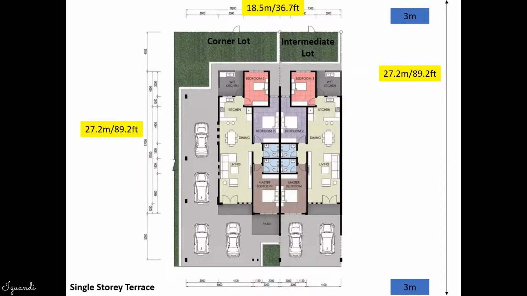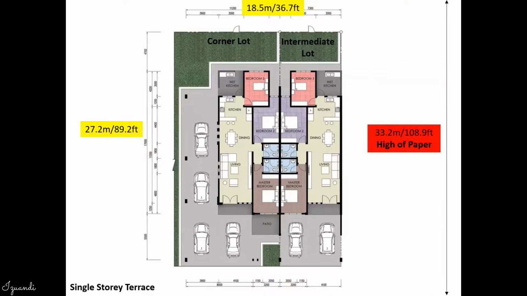Normally assume that there is 3 meters on top and 3 meters at the bottom. So the total height of the papers or drawing will be 33.2 meters. Okay, remember 33.2 meters. So this should fit your A3 papers.